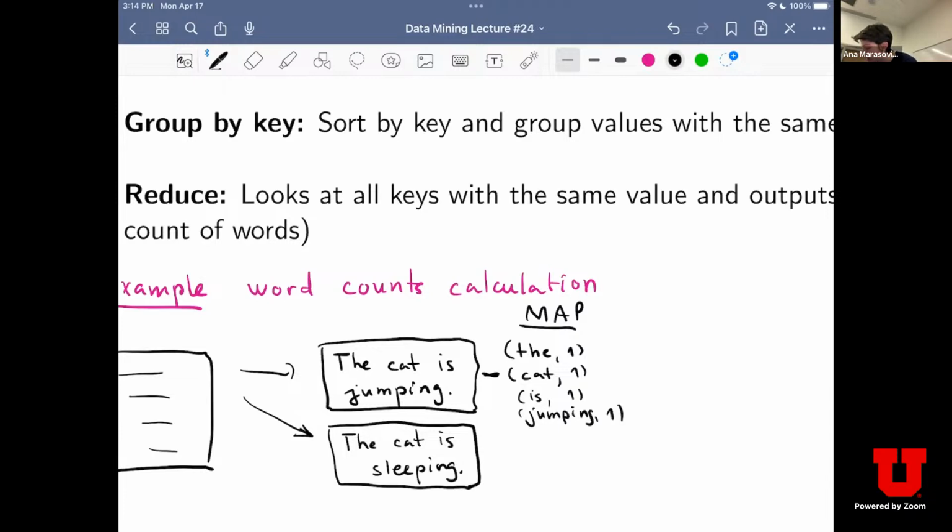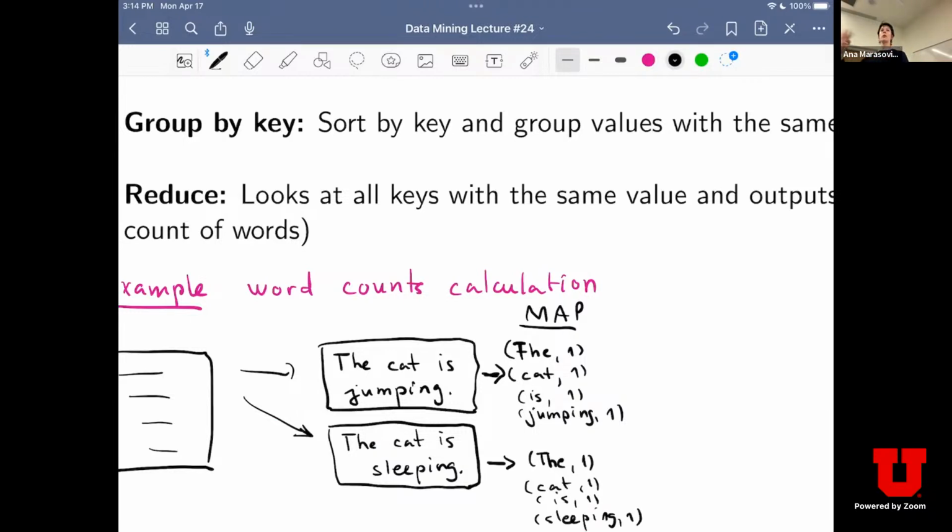That's from the first chunk of data. And now from the second chunk of data, we do the same thing. Here is capital The, with 1, cat with 1, is with 1, and sleeping with 1.